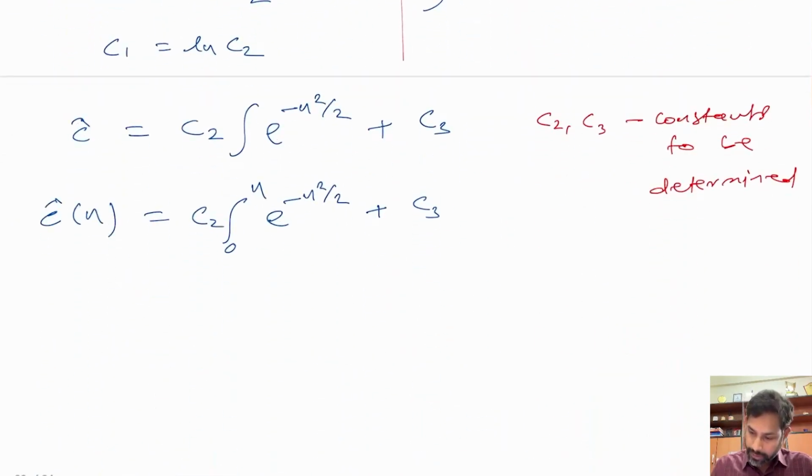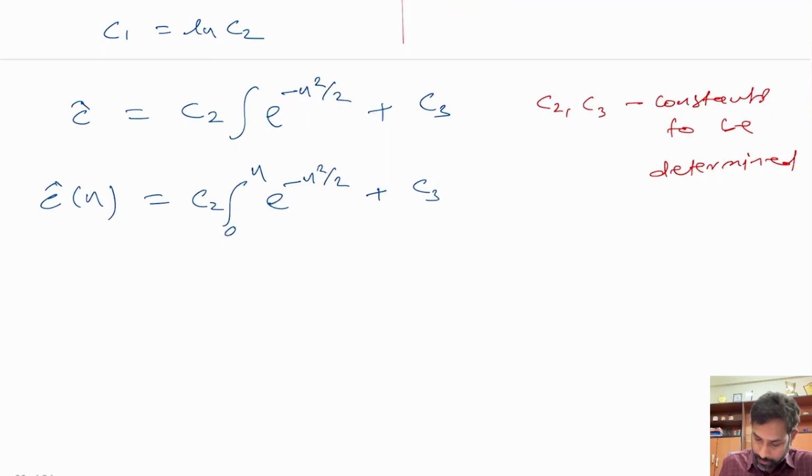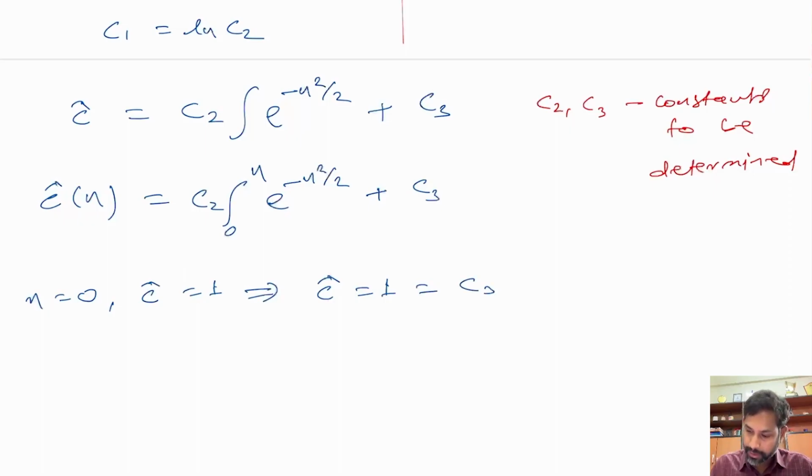If we assume eta equal to 0, C hat is equal to 1, that tells us C hat equals 1 is equal to C3, because the integral term will simply become 0 for eta equal to 0. That's why C3 is simply equal to 1.